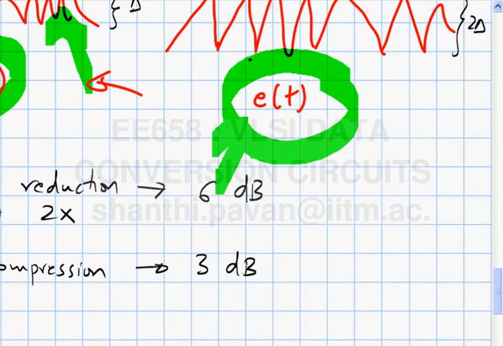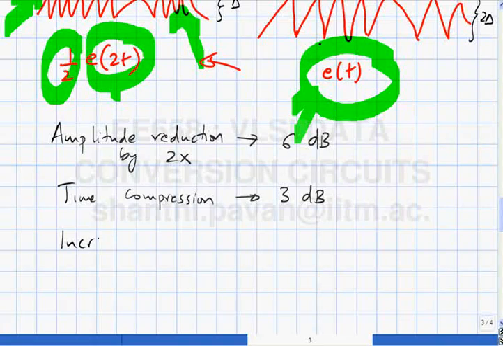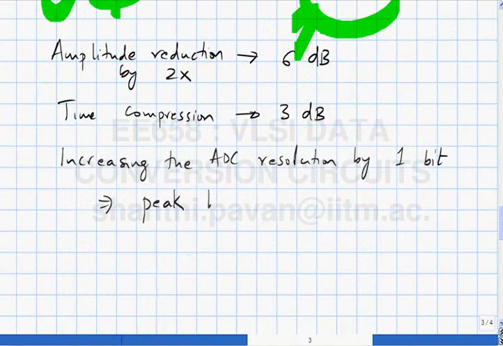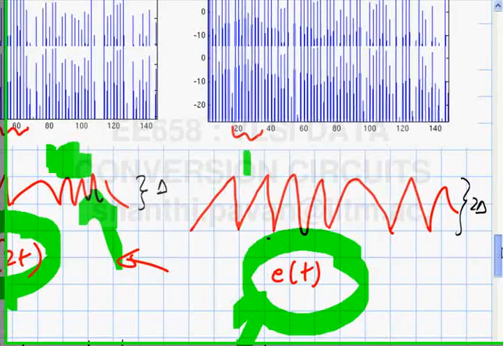So the same energy must be concentrated over twice the number of harmonics, so you can expect the harmonic power to fall. So increasing the ADC resolution by 1 bit causes the peak harmonic amplitude to go down by a total of 9 dB, which is roughly what we see here.